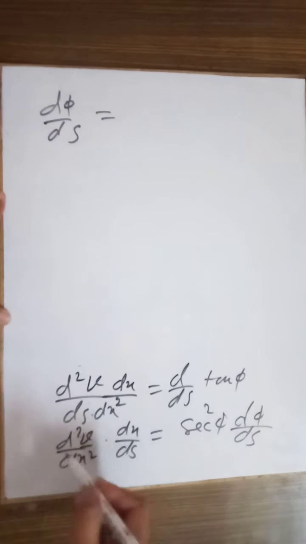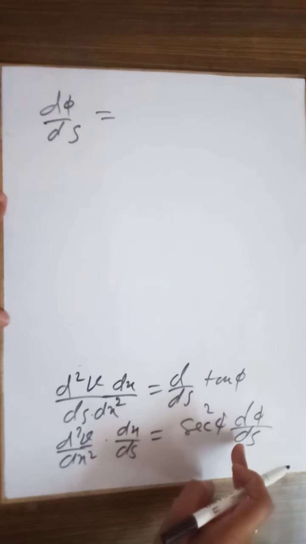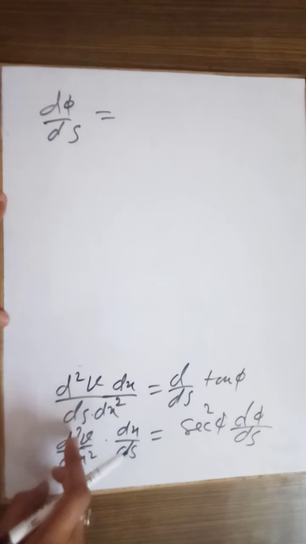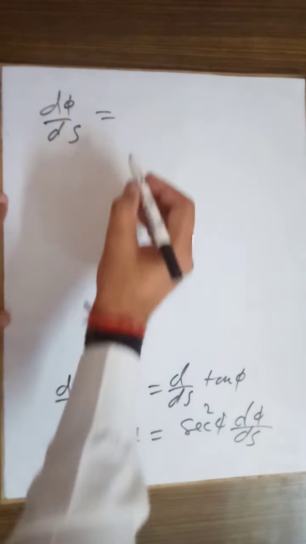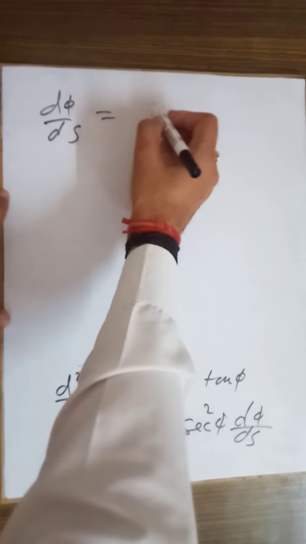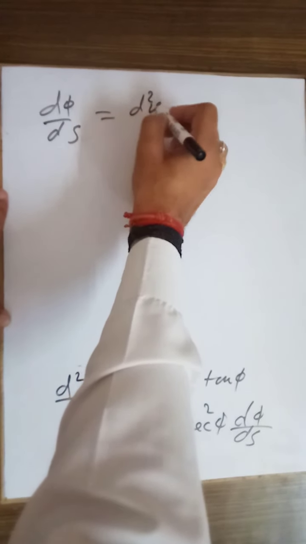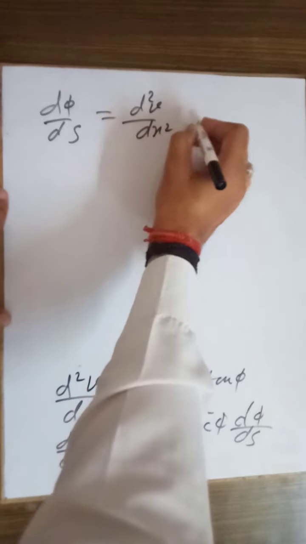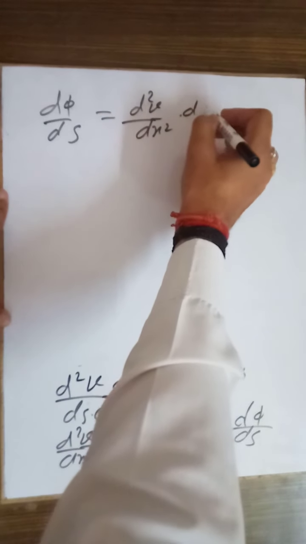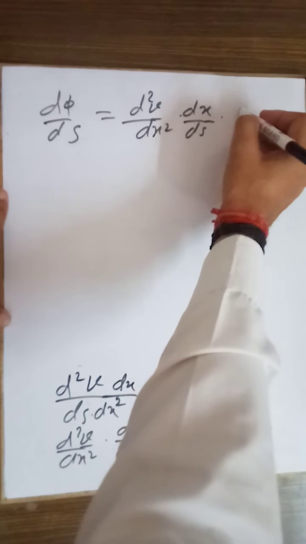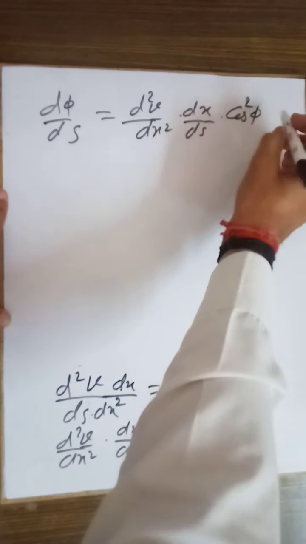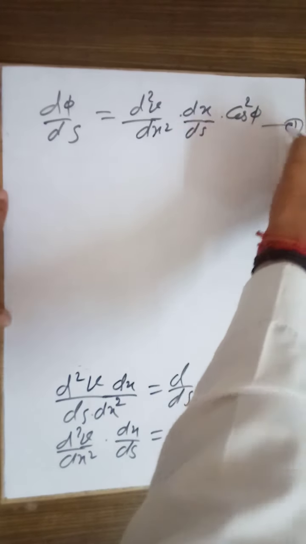So simply you can write d phi by ds equals this term and cos square phi. Let me write it: d2v by dx2 into dx by ds into cos square phi. This is our equation number 1.